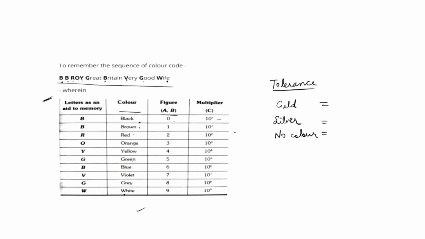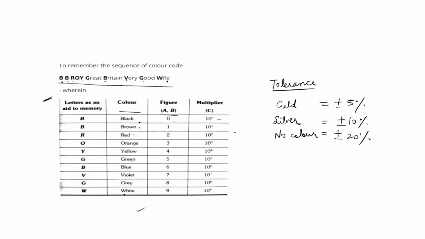If you have gold color, the uncertainty will be plus or minus 5%. If it is silver, plus or minus 10%. If it has no color, then plus or minus 20%.